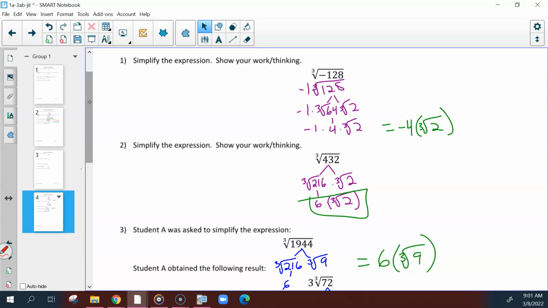And your final answer was negative 4 times the cube root of 2. I'm using parentheses so we don't get confused and think 3 is an exponent of 4 and not with the root. You don't have to use parentheses. You can if it helps you feel better. Questions on 1?